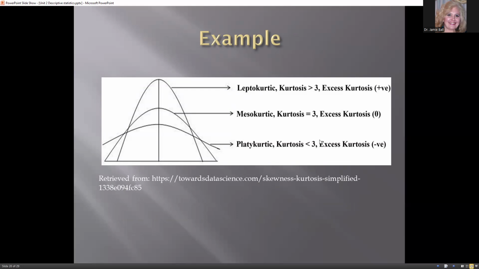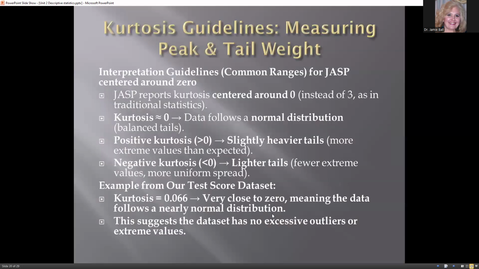All right. Now, in traditional statistics, we would look for 3. But in JASP, instead of 3, it hovers around 0. And all of you will be taught in JASP. So bear that in mind. Interpretation guidelines for the actual calculation, right?